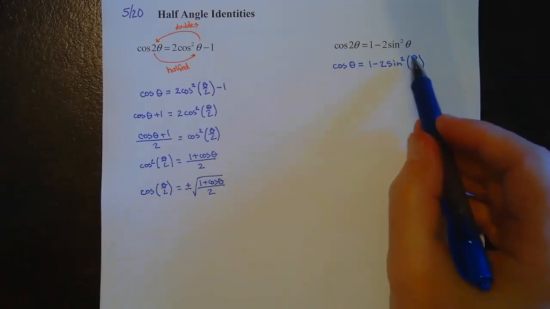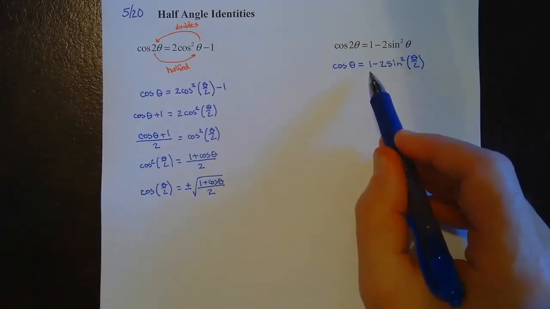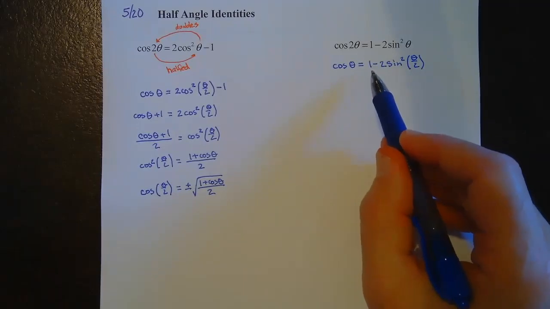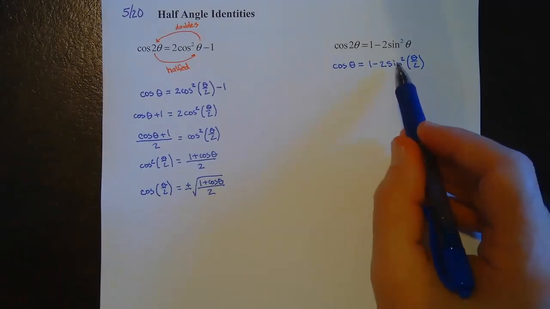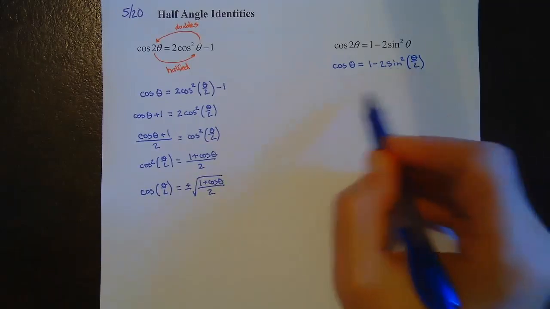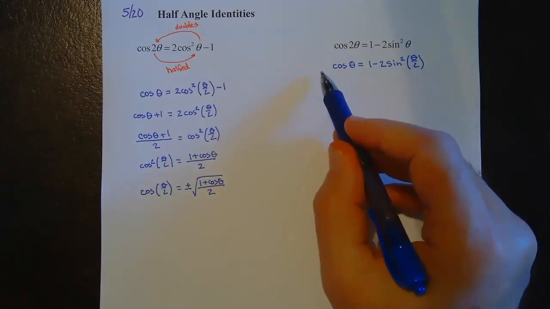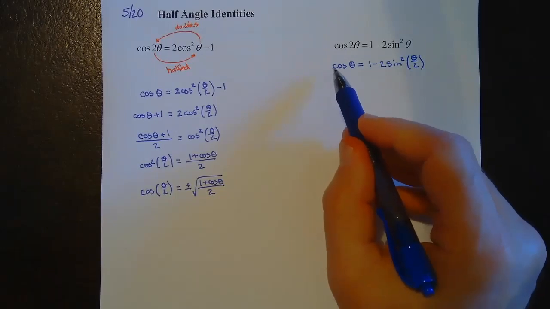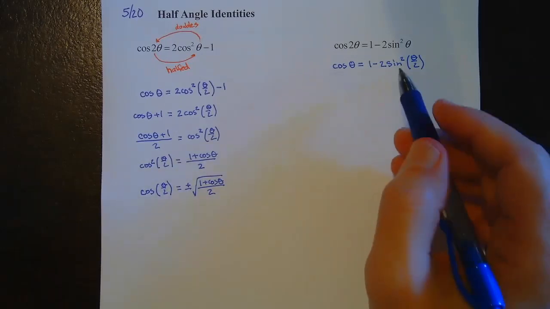All right, so now we're just going to solve this for sine theta over 2. Actually, I'm going to move this minus 2 sine squared theta over 2 over to the left-hand side, and I'm going to move the cosine theta to the right-hand side. I'm going to do that in one step.